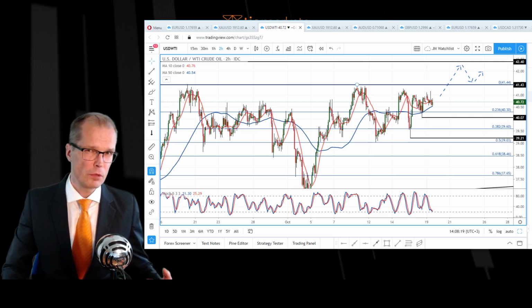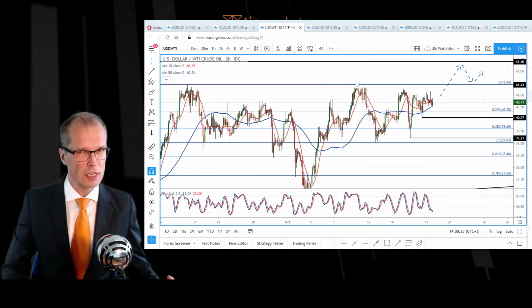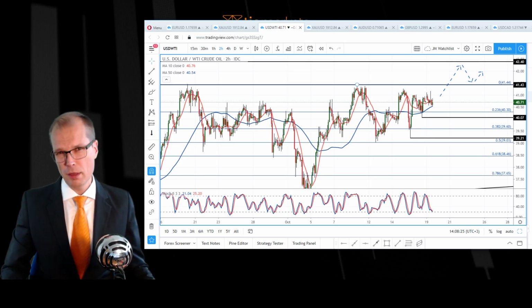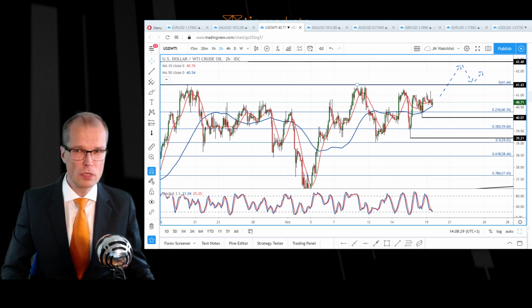So if 40.07 gets taken out, I'm thinking maybe the buyers would be interested, or let's say, those sellers that have probably sold up here will probably be interested in covering their shorts when the market comes to roughly this range of, say, 39.40 to 39.80.